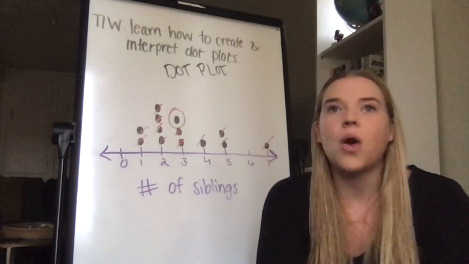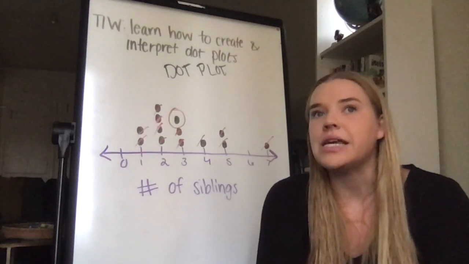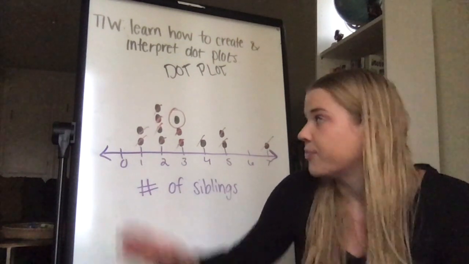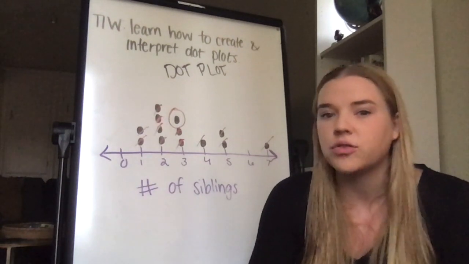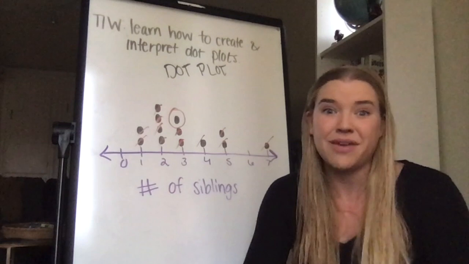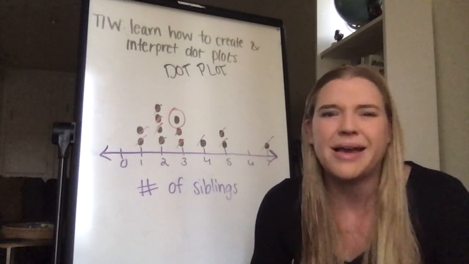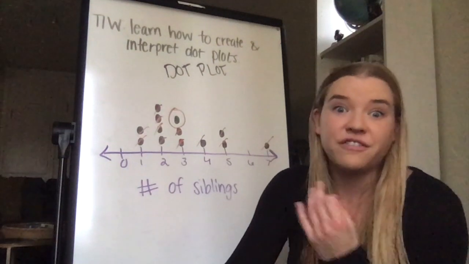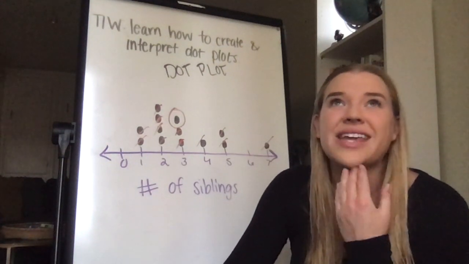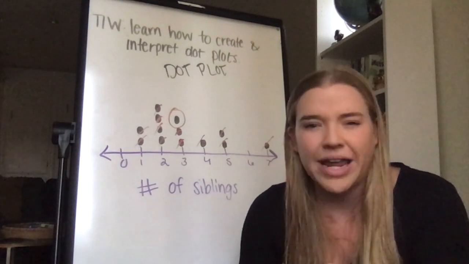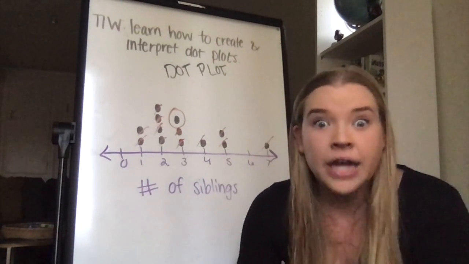Now, I want to think about what dot plots would even be useful for. So, obviously, in these examples that I'm giving, all of the answers are relatively close together, right? I don't have one person that gave me a 0, and then one person that gave me 1,000, and one person gave me 1,000,000, because I'm asking questions like, how many siblings do you have? This is going to be very ineffective if you're asking questions that are going to have a way bigger range, or there's a ton of different data.